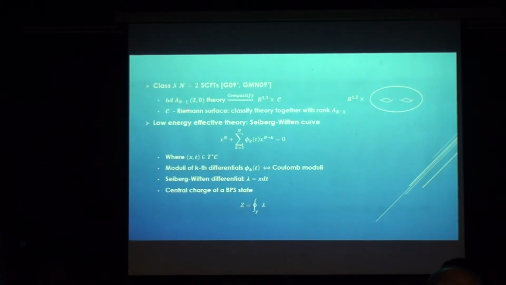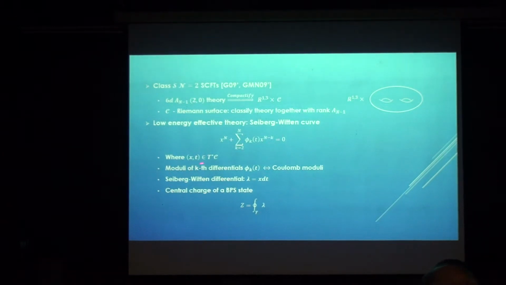The property of the Riemann surface, together with the rank A_{N-1} in 6D, determines the resulting 4D theory. The low energy effective theory is determined by the Seiberg-Witten curve here. To answer your question before, N, the number of branches in your Seiberg-Witten curve, is determined by the 6D rank here.